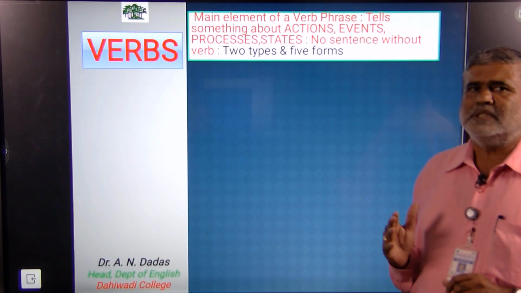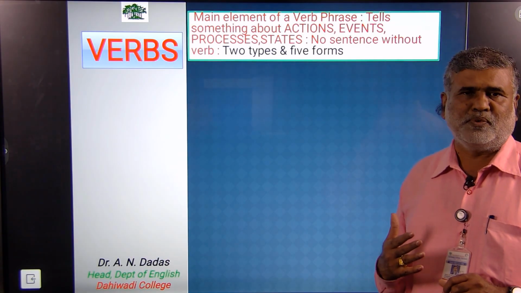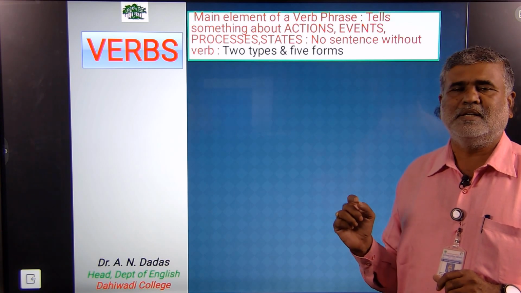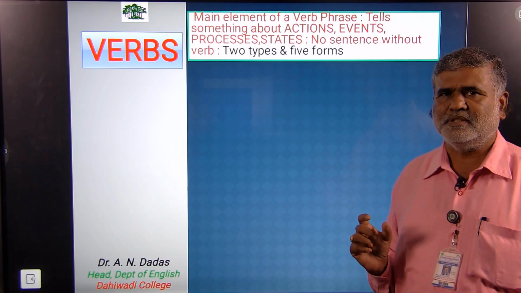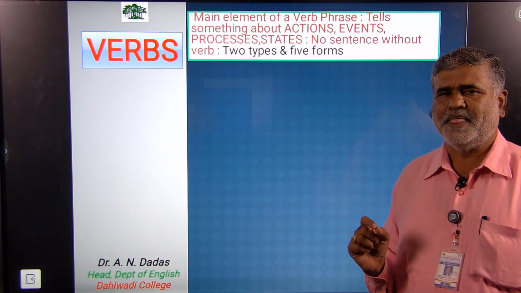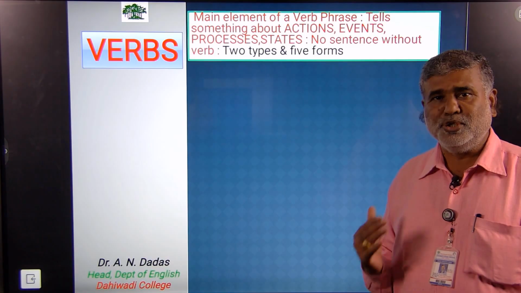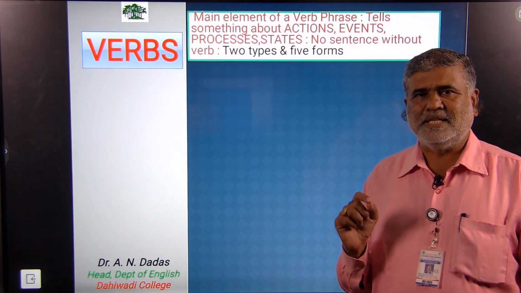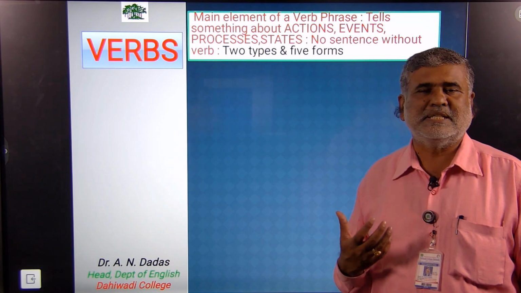As for the definition, the verb is the main element of the verb phrase, and the verb tells something about actions, events, processes, or states. So verbs are mainly used for saying something about actions, events, processes, or states.